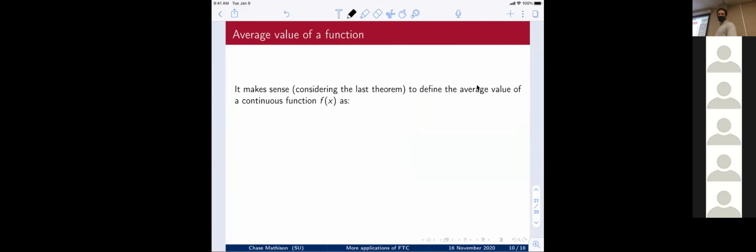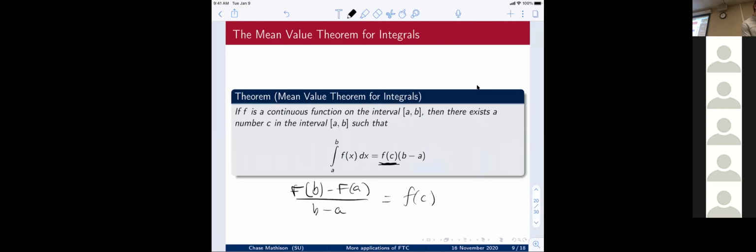All right. It makes sense to define then the average value of a continuous function as this number that we saw. If I come back here, if I divide both sides of this by b minus a, then the left-hand side, it makes sense to call that the average value of a function. Okay. So that's all that we do here.